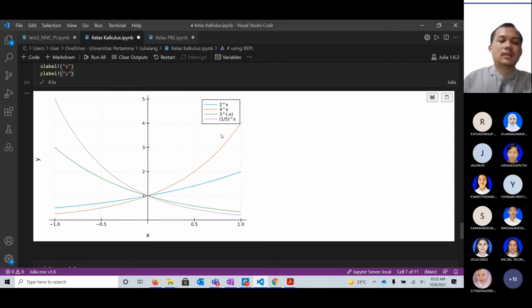And which one is decreasing from the upper left side to bottom right side? The red and the purple one. Is the red and purple one increasing or decreasing? The red one is increasing, the purple one is decreasing. Can you notice what is the difference between the two of them?